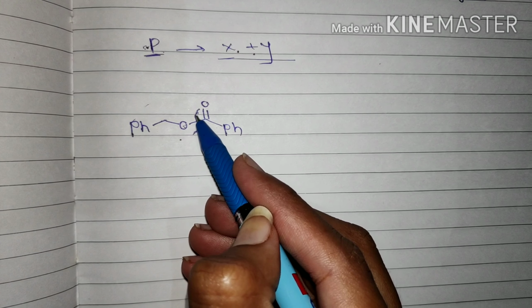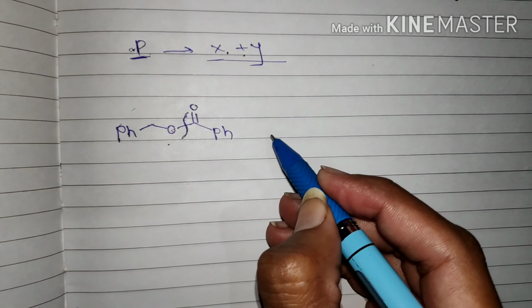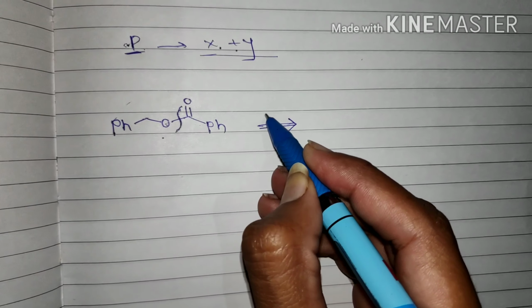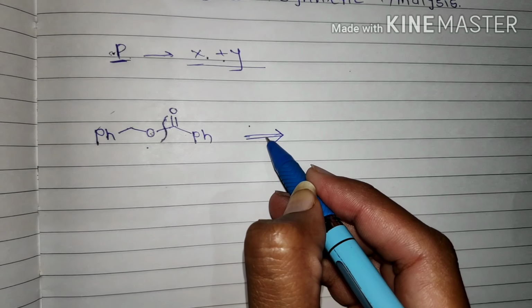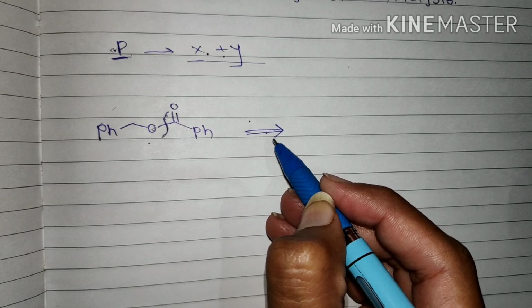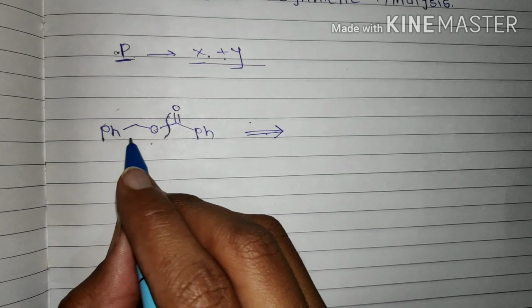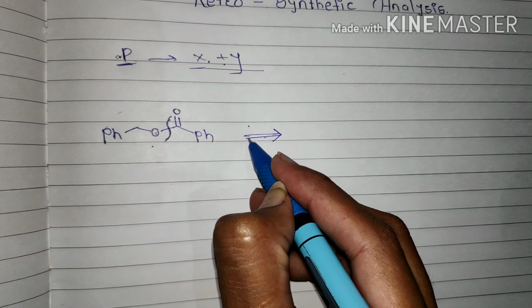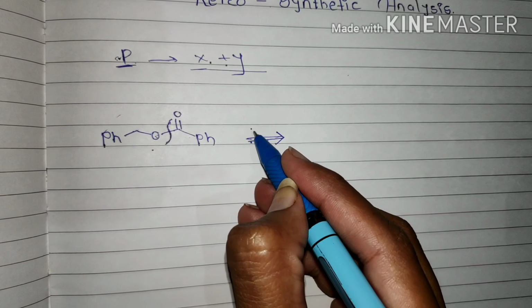This is the wiggly line, which disconnects the product, and this double-line arrow is the retrosynthesis arrow. A single-line arrow is a reaction. It means reactants go to product, and this is the reverse process, so we denote it with the double-line arrow.